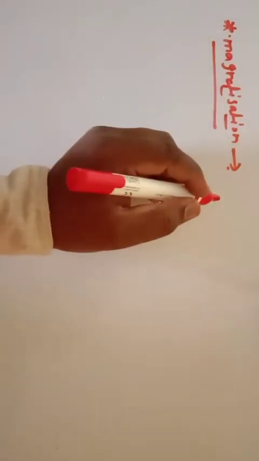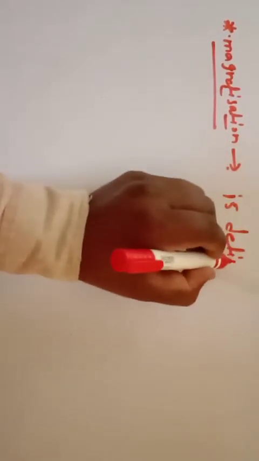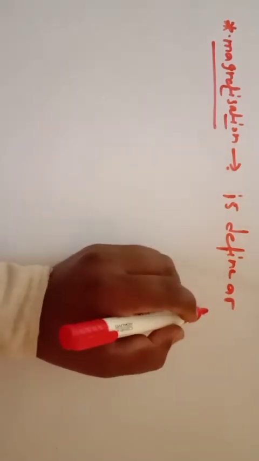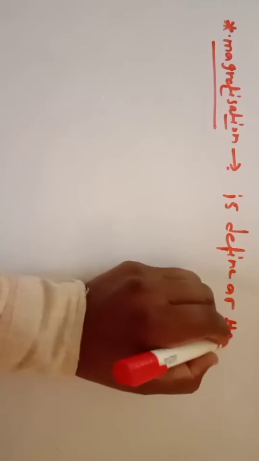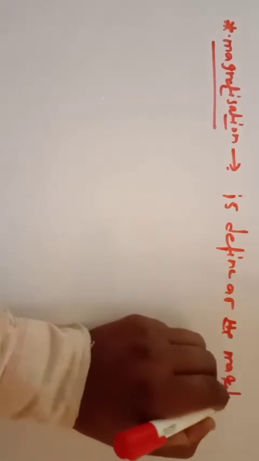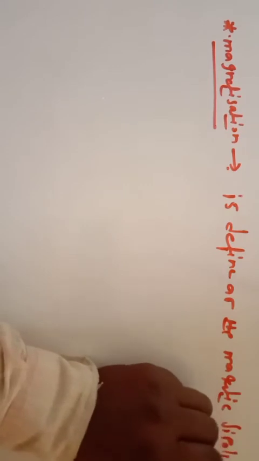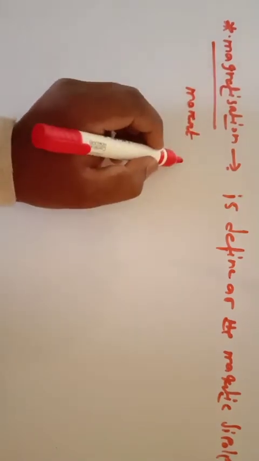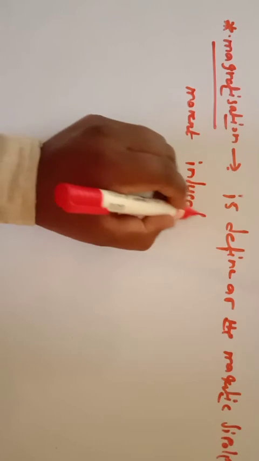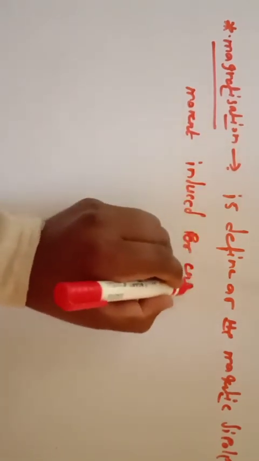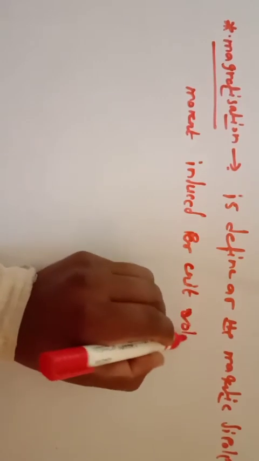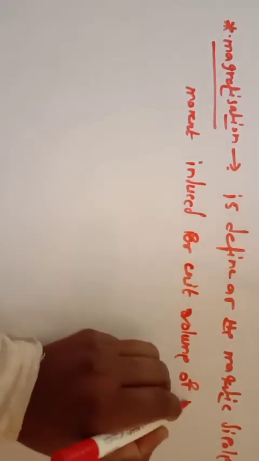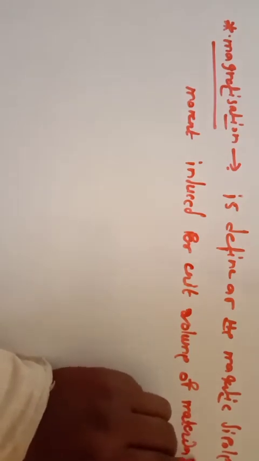Magnetization of a material is defined as the magnetic dipole moment induced per unit volume of material.